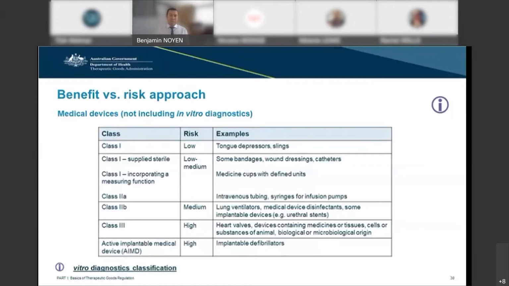As shown in this table, each class has a particular risk associated with it. Class 1 devices, such as tongue depressors, are low risk, and Class 3 devices, such as heart valves, are considered high risk.